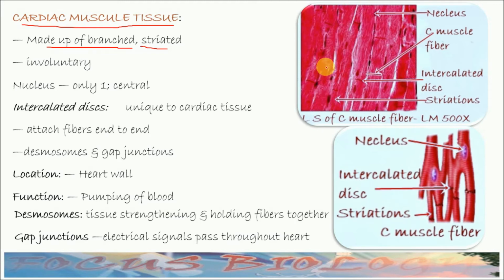Here it is one another, this is branching. You can see in this diagram. Here it is one muscle fiber, there is a branching again. Here again branching. So they are made up of branched muscle fibers.